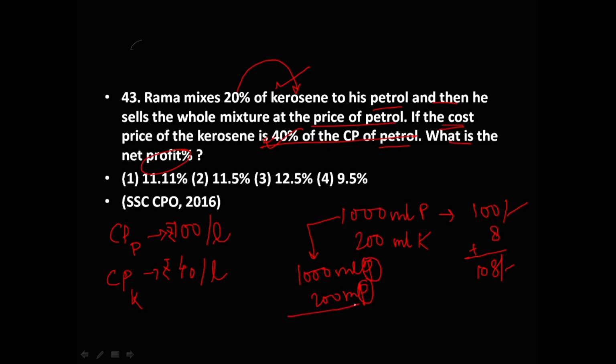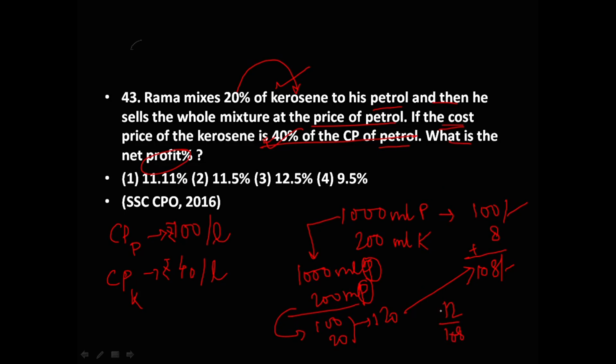So how much would it cost? 1000 ml petrol costs 100 and 200 ml petrol would be 20. So the total would be 120. But Rama is selling it at 108. So what's his profit or gain? His net profit is 12 rupees upon 108.